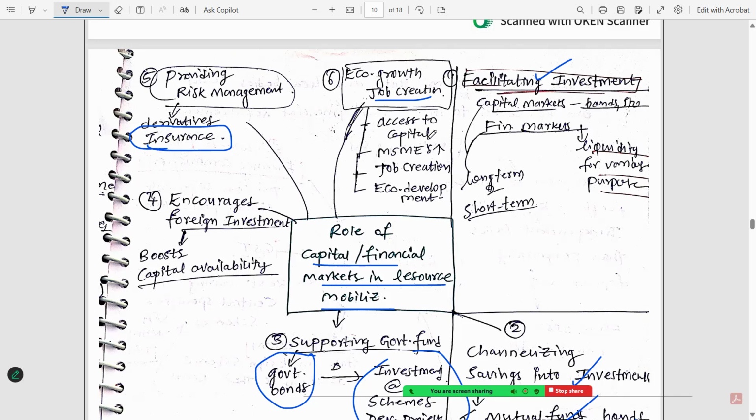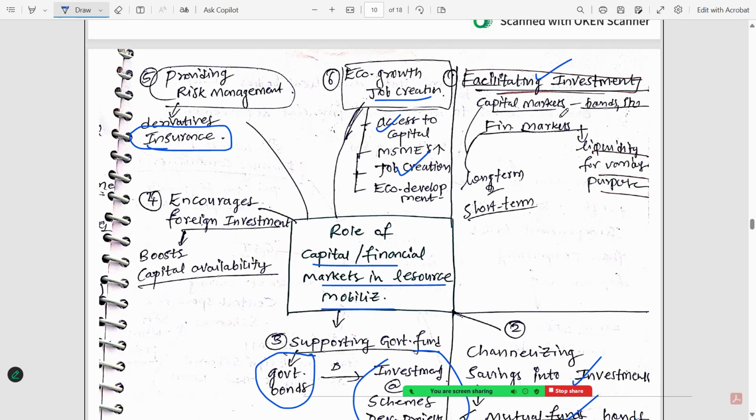And also if you want to build a company, then through the financial and capital markets you will get the money through loans and investments. So the access to capital in the economy will increase. It will lead to job creation, etc.